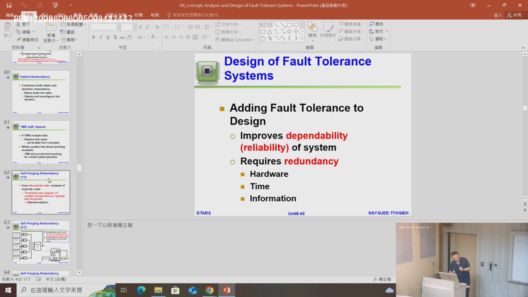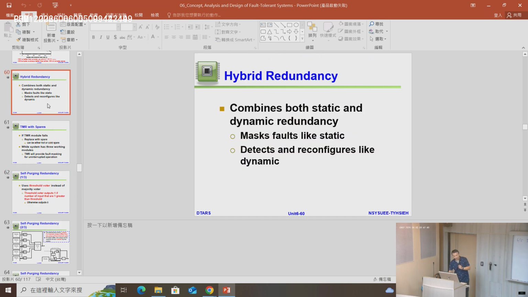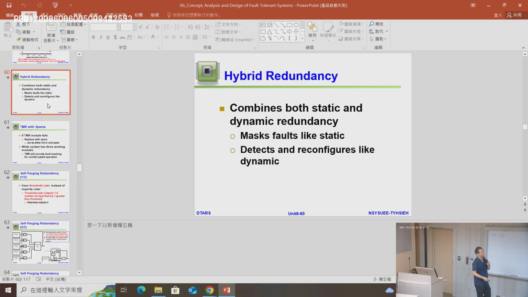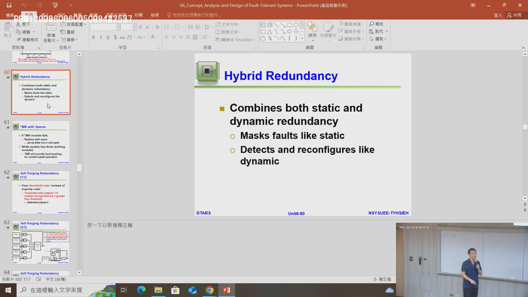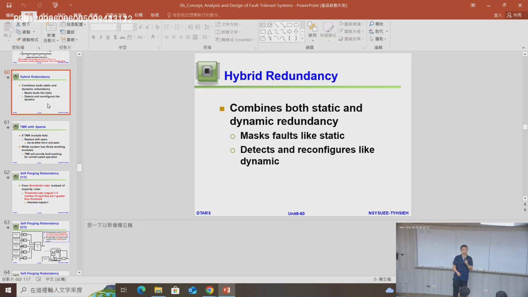Okay, so last week we talked about hybrid redundancy methods. Basically, they combine static and dynamic redundancy. With these methods, on one hand we can mask faults like static redundancy; on the other hand, we can also detect faults and reconfigure our systems. So you can see we have more functionalities.